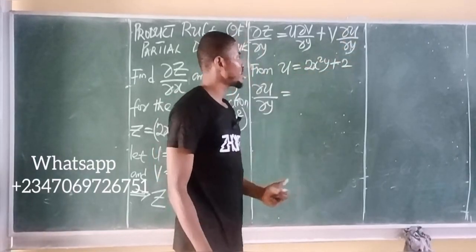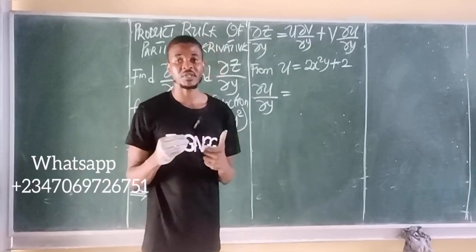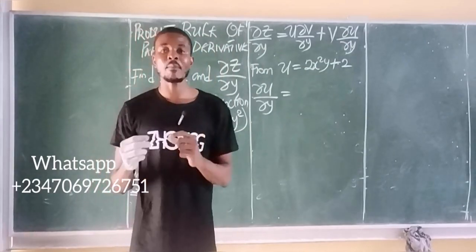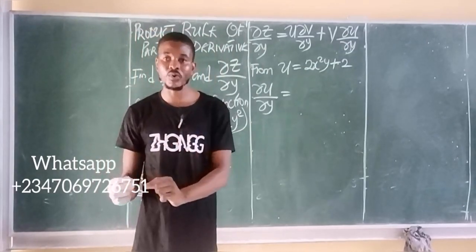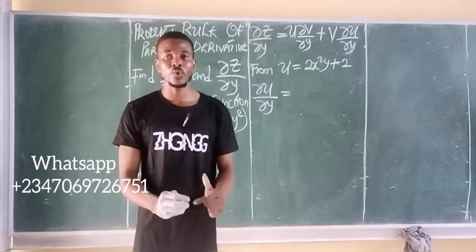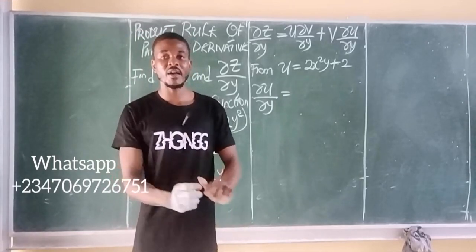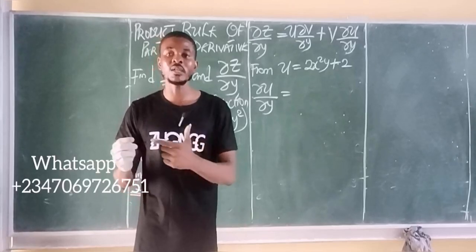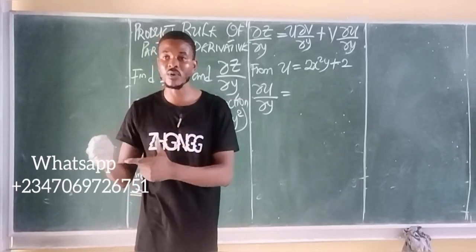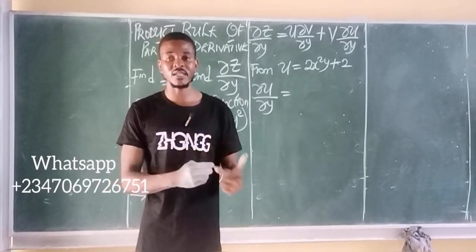Find partial u partial y. Now we want to differentiate this function with respect to y, which means I'm going to be considering x as a constant, no longer a variable. So I'll keep x as a constant and differentiate only y. So every treatment I will give to a constant, that's the same way I'm going to treat x.